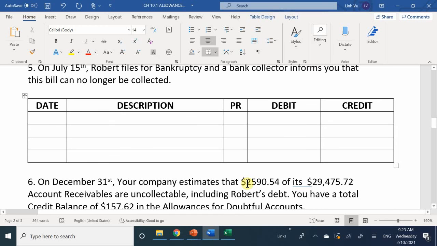So I'm just going to recognize that he will be one of the individuals that are going to be written off as a bad debt. But right now, we're in the middle of the given period. We can't just write it off right then and there. We have to wait till the end of the given period before we can write it off, okay?